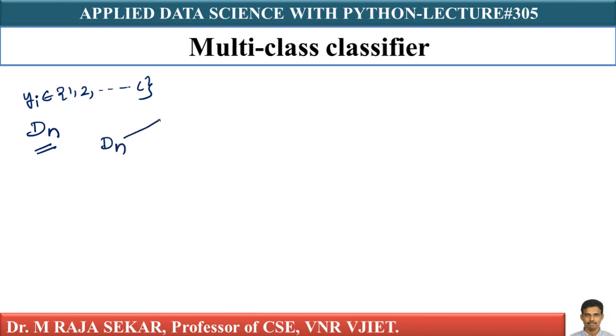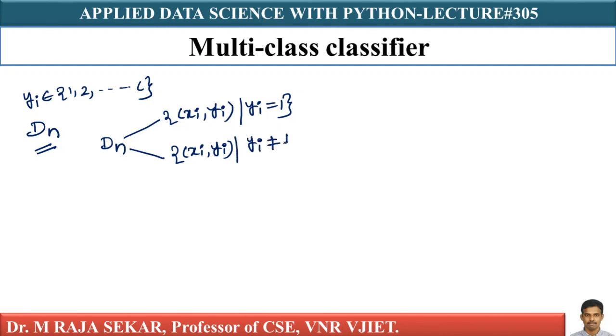Let me say my D_n is first part (x_i, y_i) such that y_i is equal to 1. That is my first part. What about my second part? I have (x_i, y_i) such that y_i is not equal to 1.